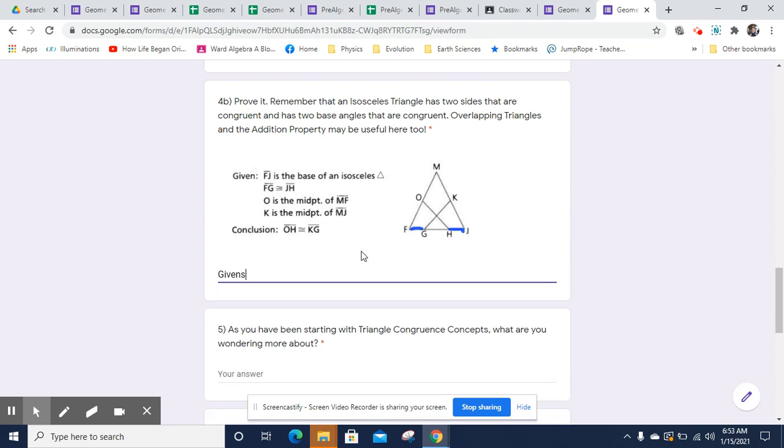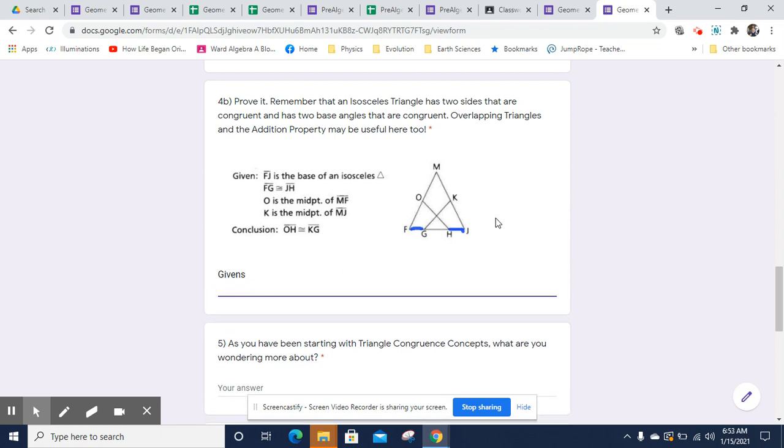We don't need to do that yet. So first of all, we know that we have a base side of an isosceles triangle. So the first thing we ought to do is actually declare that angle F and angle J are congruent.